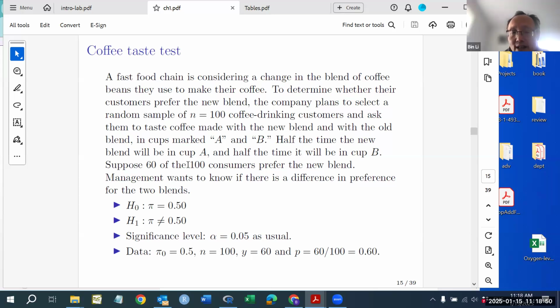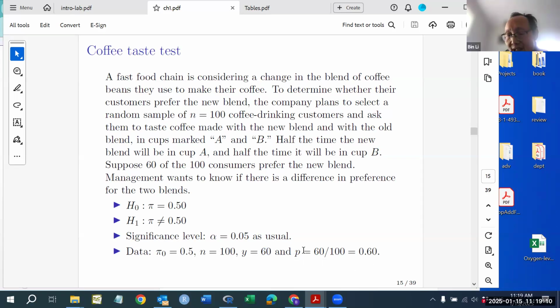And n is 100, right? And we can do the test with the significance level set at 0.05. And what we observed is 60 out of 100 customers prefer the new blend. So that's our data.